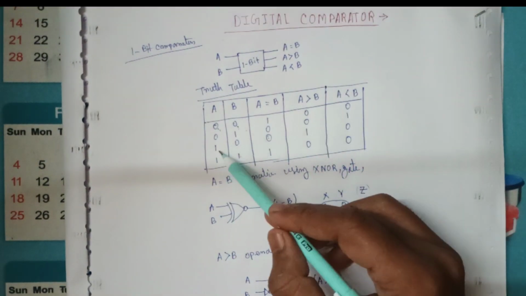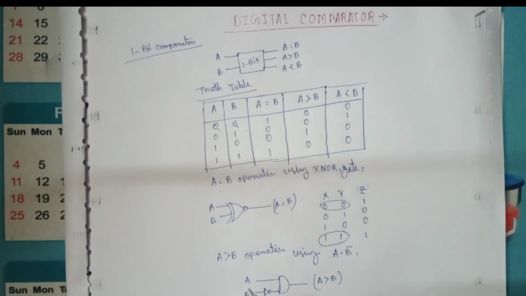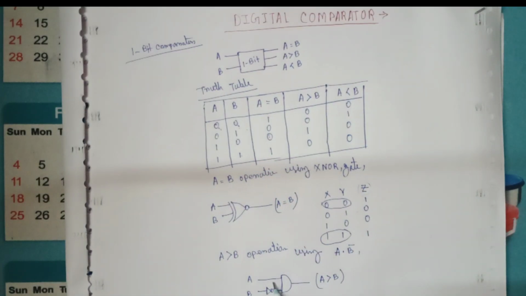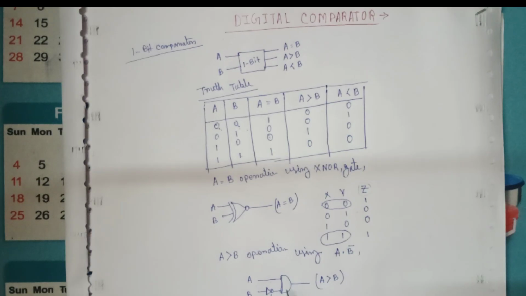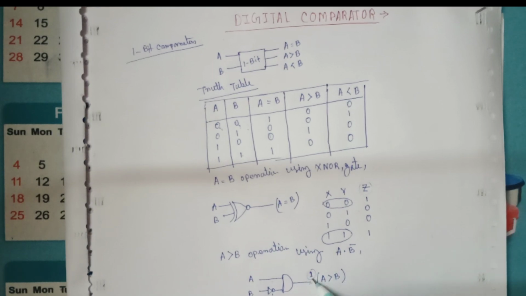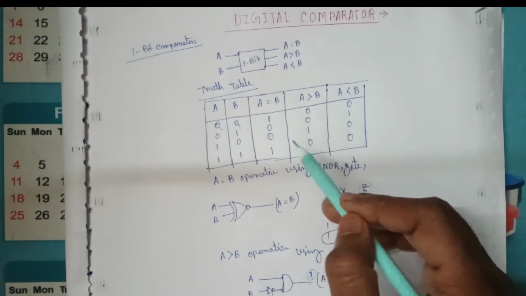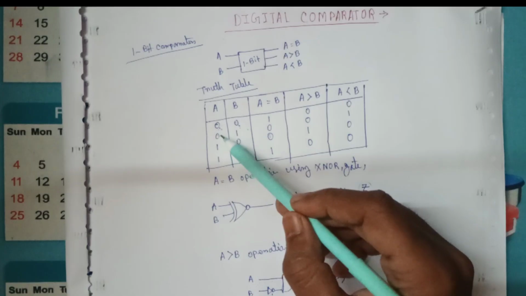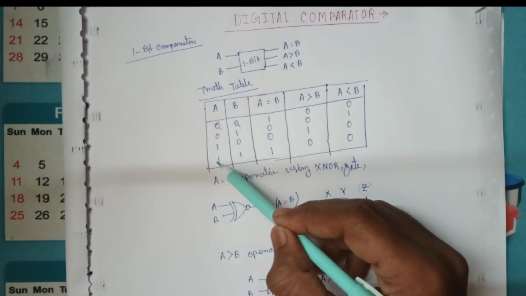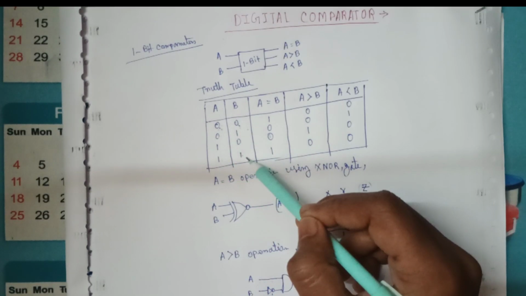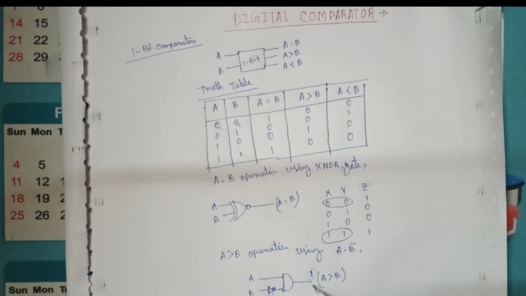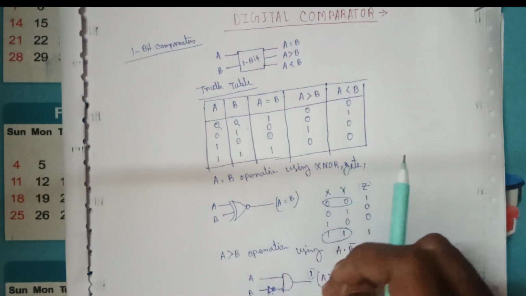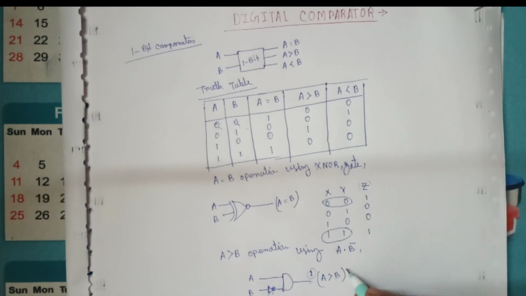For this condition, when A is 1 and B is 0, here it will pass 1 and it will pass 0. For NOT gate, it will be 1 and 1 and 1, and the answer will be 1. So this will be true. And for the other conditions, the A will be here 0. For the next condition, this will be 0. And for this condition, A is 1 but B will be 0 as there is a NOT gate. So ultimately only for A greater than B condition this will be applied.